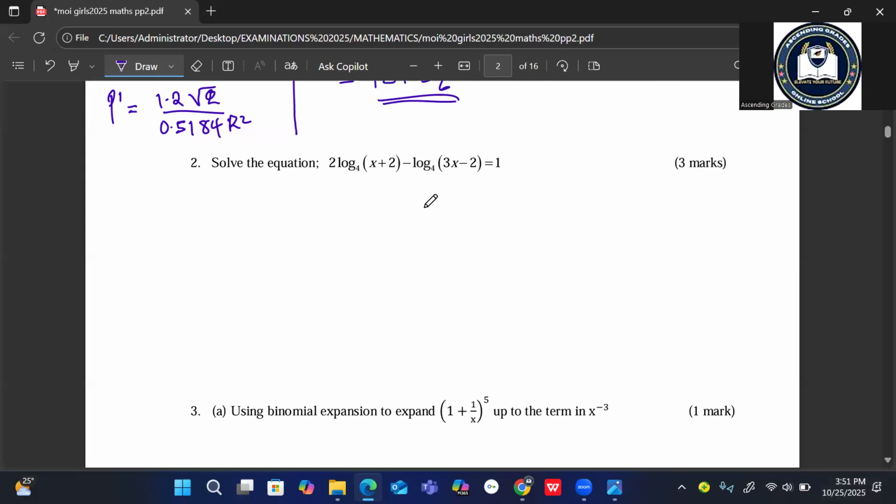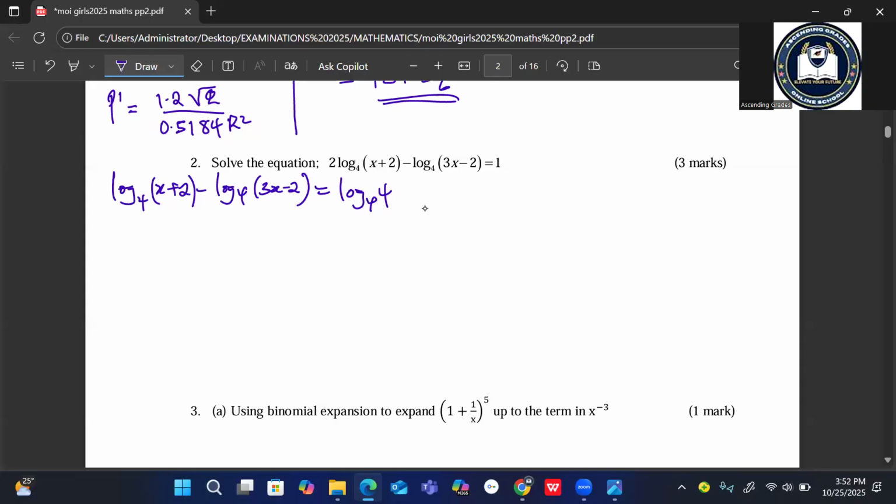So in this case, we have to make the 1 a log base 4, so that we shall have log base 4 of x plus 2 minus log base 4 of 3x minus 2. Now, 1 will be equal to log base 4 of 4, that is equivalent to 1.